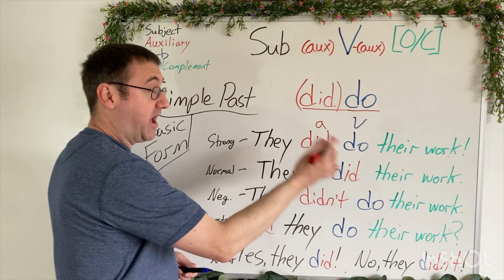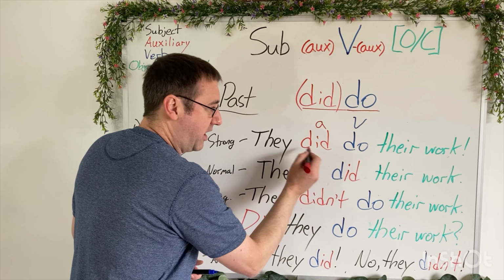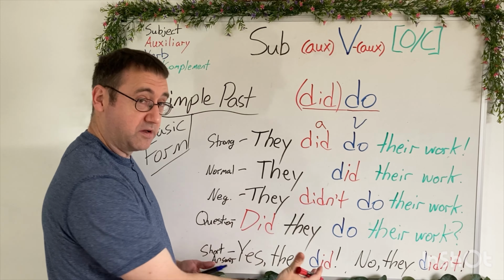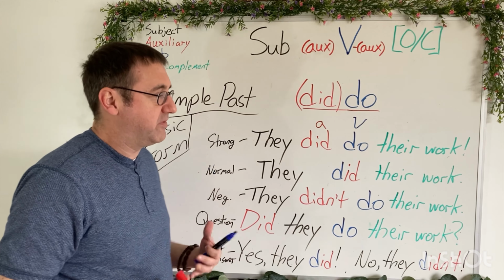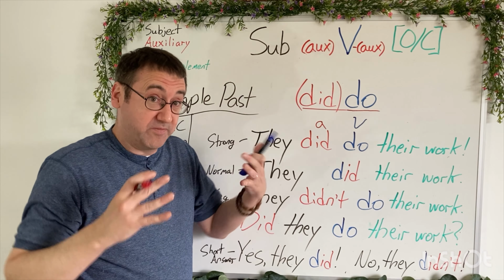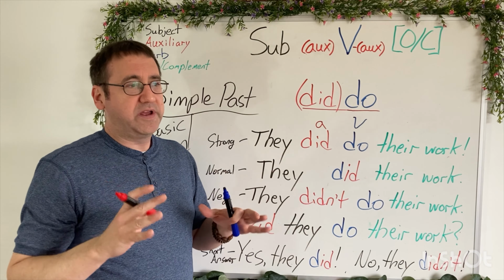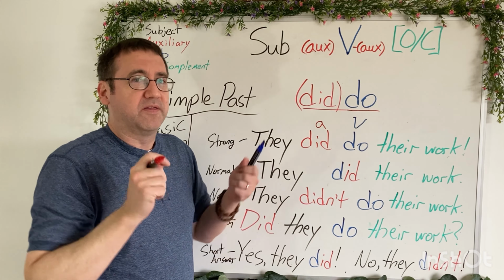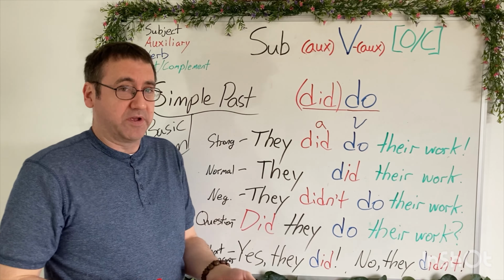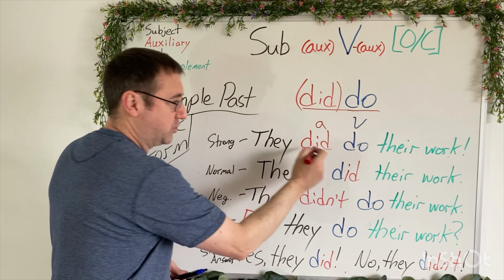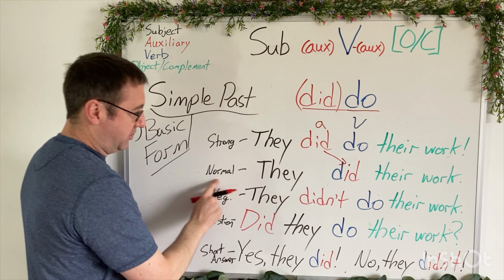And then, as we talked about before, you now can move the auxiliary around, because the auxiliary represents sort of the perspective. We've talked about that before. The verb is the action, and the auxiliary is how you place that action in reality. So what are we talking about? We're talking about past reality. So we join them together to create the normal form.